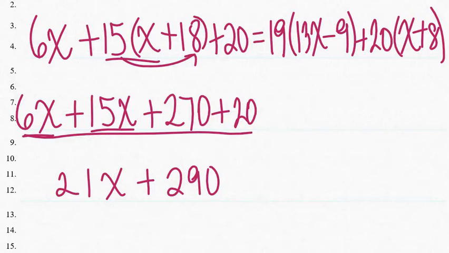I could possibly attempt to write this, but I don't know. Let's look at this. 19 times 13 is 247x. And then 19 times 9 is 171.